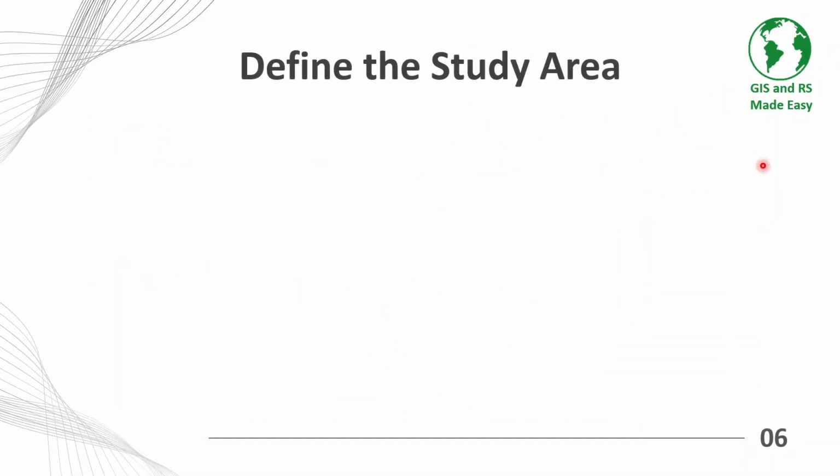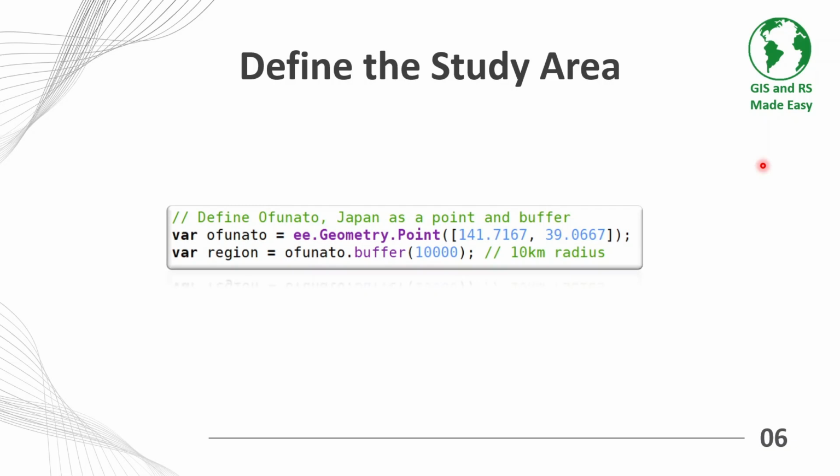Today we will try to detect the wildfire in Ofunato, Japan that took place in February 2025. First, we need to define the study area. This is the code for making the study area. First, we made a variable named Ofunato. This is the name of the place where the wildfire has taken place.